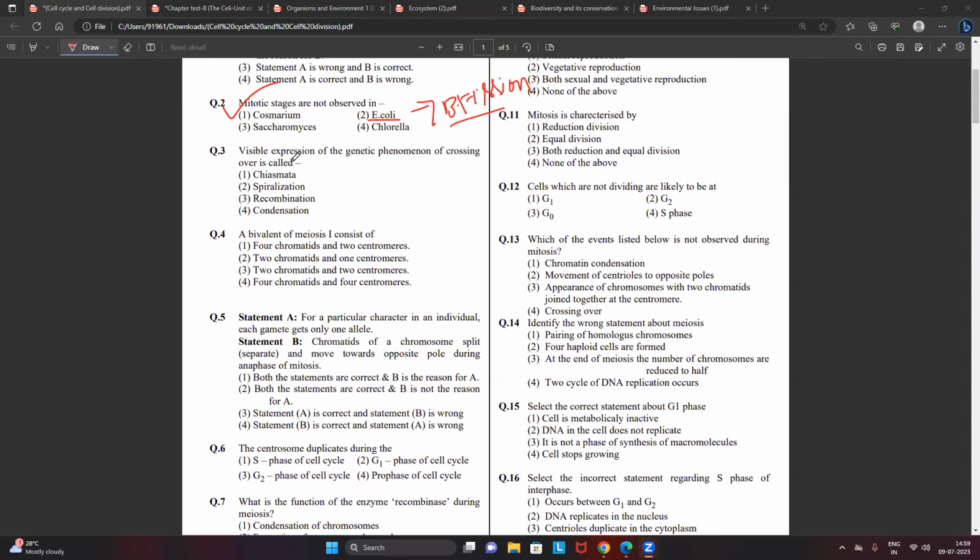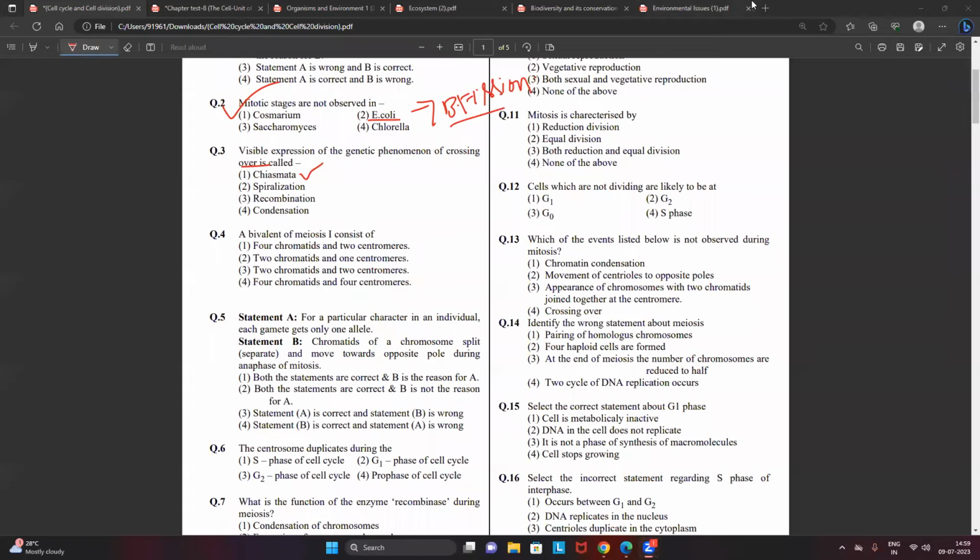Can you see the recombination process? No one can see the recombination, right? So that visible expression of the genetic phenomenon we generally call chiasmata. No need to get confused with that point. Option 1. Slowly.